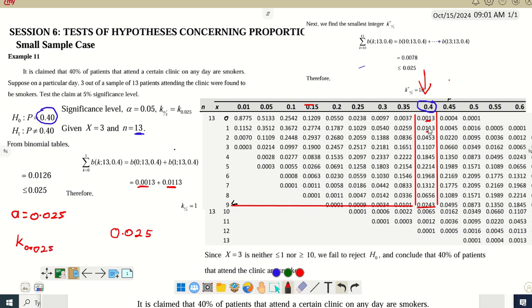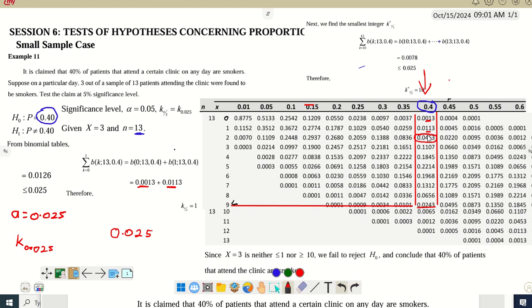When you add these two values, you will get 0.0026, and you can see that this value is less than this. Now if I want to continue, if I add this value to it, it will be greater than that, and therefore I don't have to do that. It means that this value becomes the boundary point.